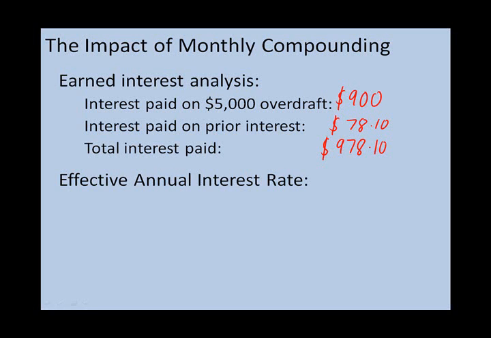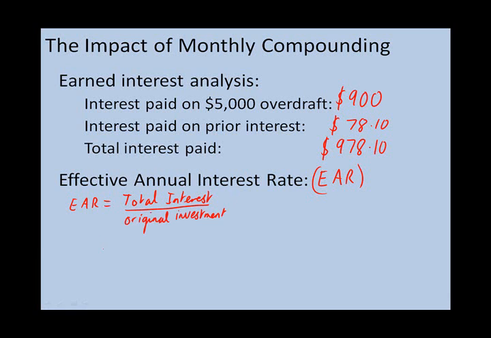The most important question to ask whenever you look at credit cards, bank loans or savings accounts is what is the effective annual interest rate? And this is sometimes referred to as the EAR. And the EAR is calculated as the total interest divided by the original investment.